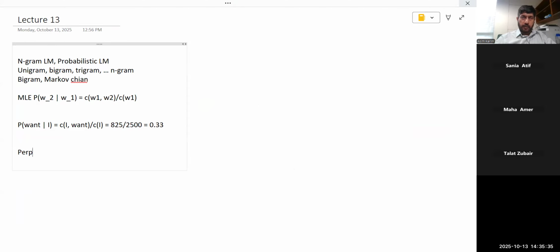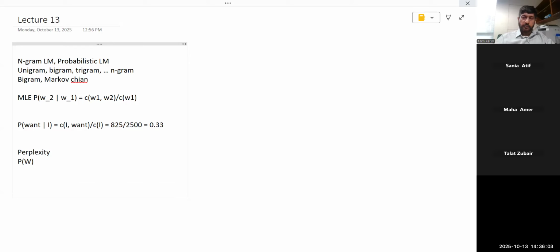Okay, so perplexity, and of course probability. So let's say we set the probability of a sequence of words W. This is what a language model gives you, an estimate for a sequence of words W. Of course, W can be one word or it could be 1000 words or whatever. So let's say W is the text corpus of multiple words.